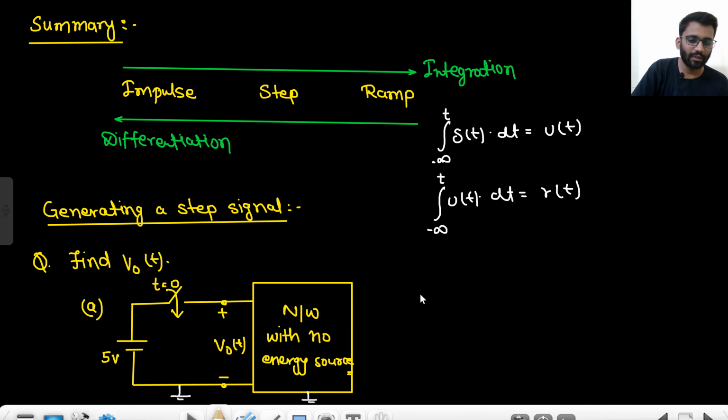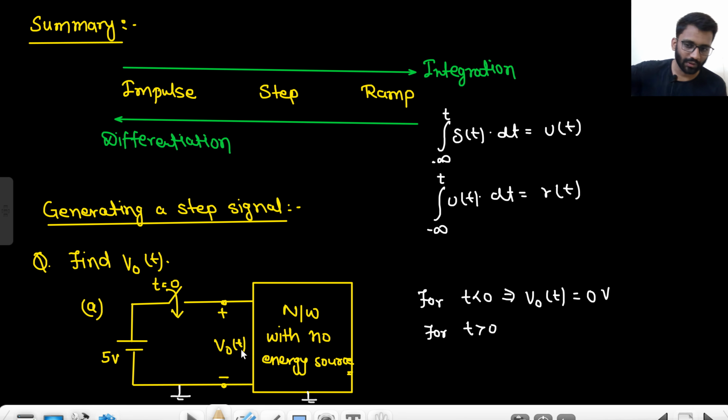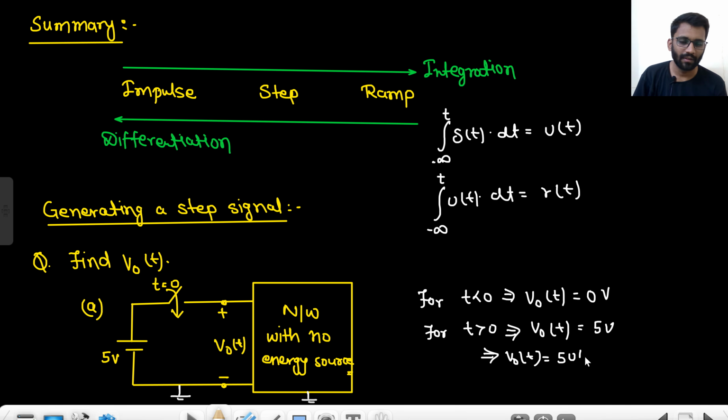So what is happening? For t less than 0, what will happen to V0? V0(t) will be 0 volt. And for t greater than 0, what will happen? This will be shorted, so complete 5 volt will come across V0(t), right? So V0(t) is 5 volt. So this is what V0(t) will be, 5 u(t).